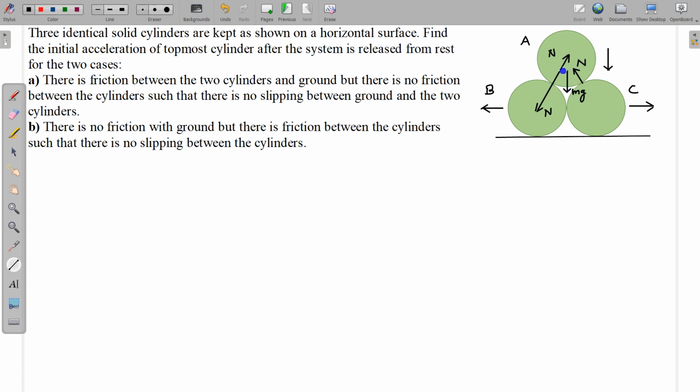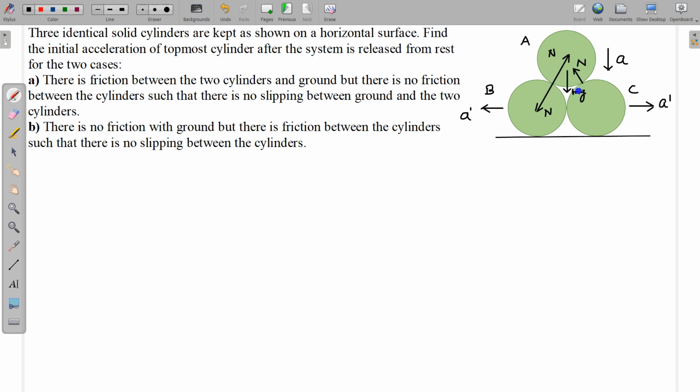So net force on this A will be along vertical direction. So acceleration is obviously in the vertical direction. So let us write the acceleration. Suppose this acceleration is A dash, and this acceleration is also, by symmetry, equal to A dash.